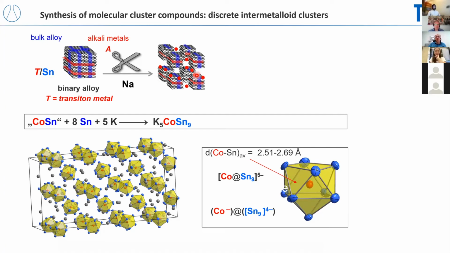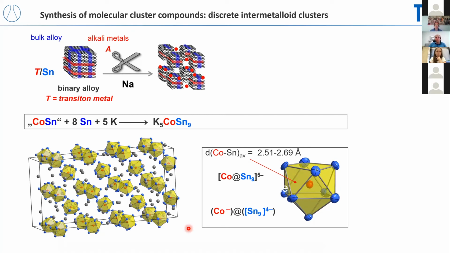Okay. So if we do the same thing with cobalt and tin, we can create smaller clusters, and those clusters have a charge of 5-, and those clusters are actually soluble, and we can use those now for chemical synthesis and maybe make kinetically controlled alloys out of this.